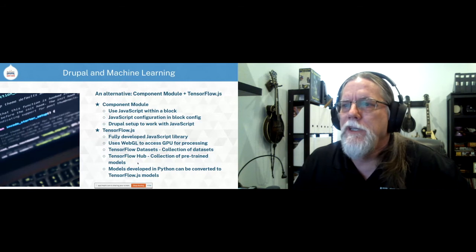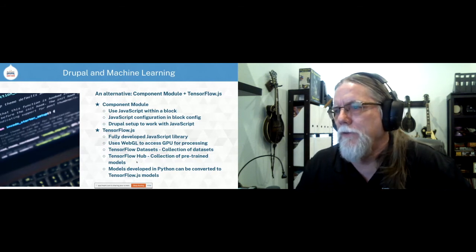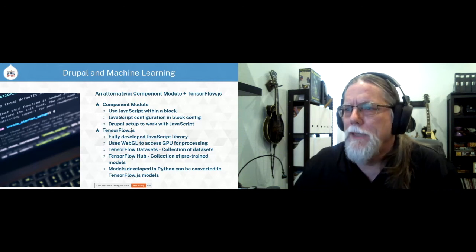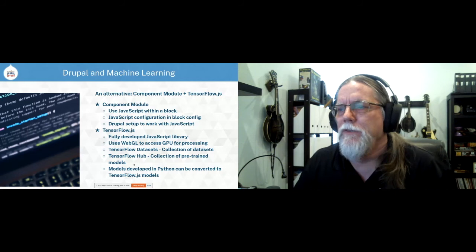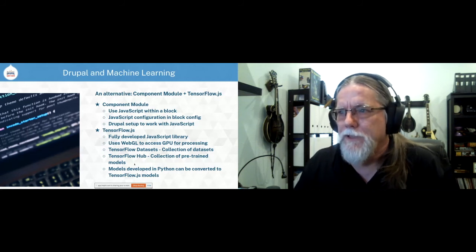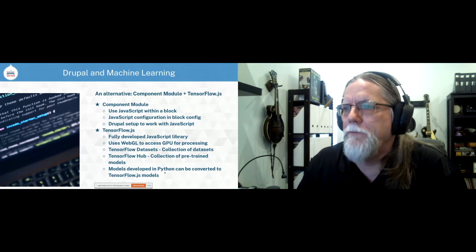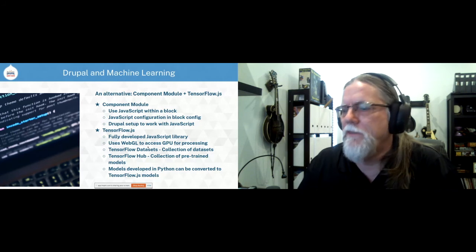You could use that model and add some new classification categories or new objects within that library. So you could expand it if it doesn't have the picture, but you would use the power of this pre-trained model, so you didn't have to do all of the training. And also, models developed in Python can be easily converted to Tensorflow.js.